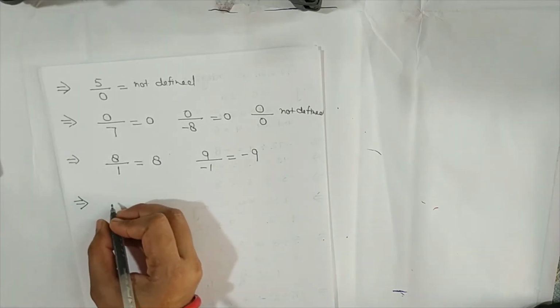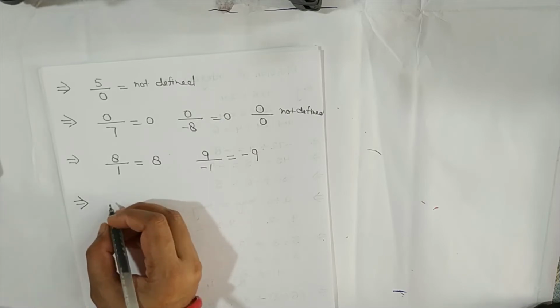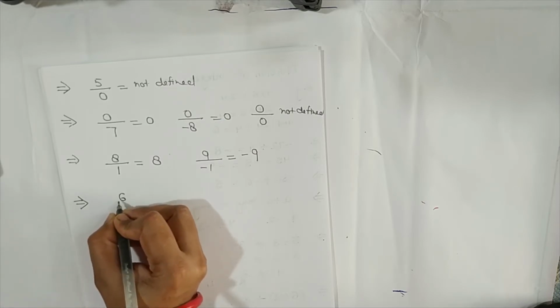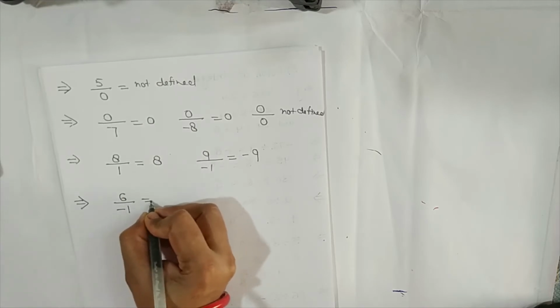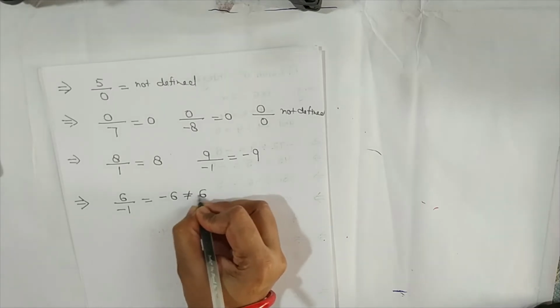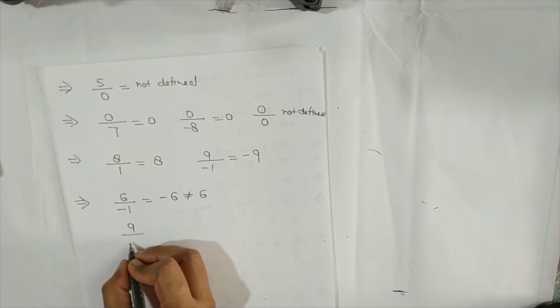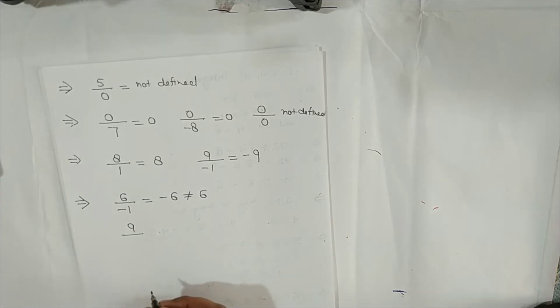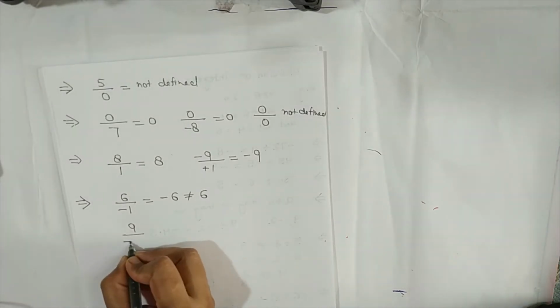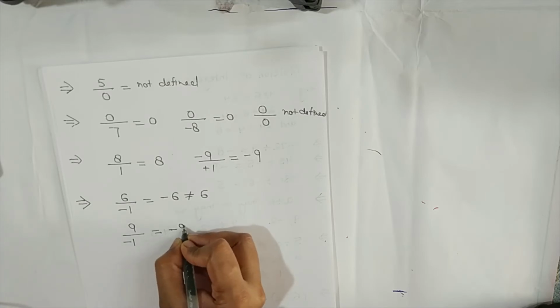Move on to the next point. Any integer divided by minus 1 does not give the same integer. Suppose 6 divided by minus 1. The answer will be minus 6, which is not equal to 6. Similarly, 9 divided by minus 1 is equal to minus 9.